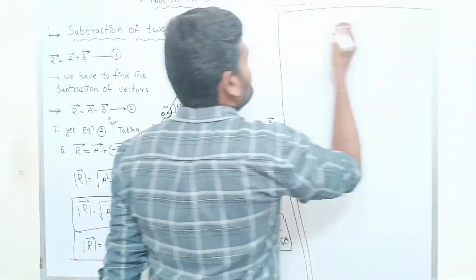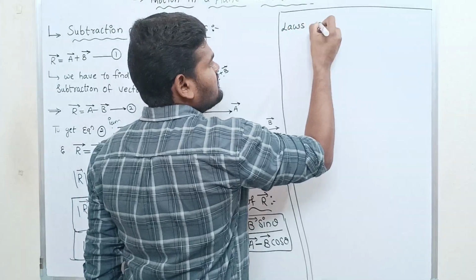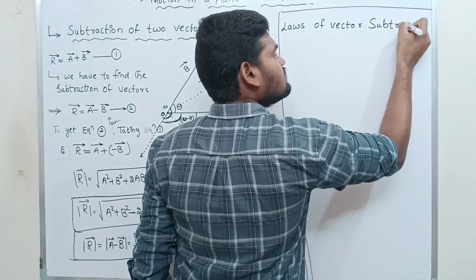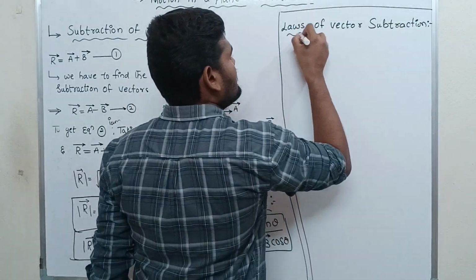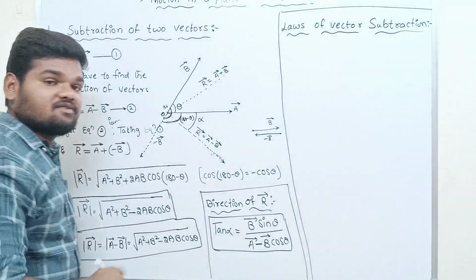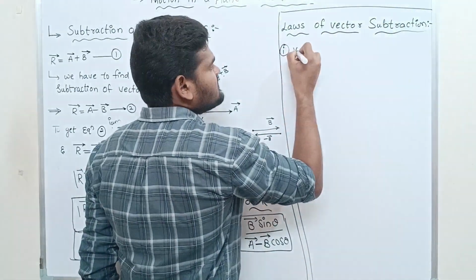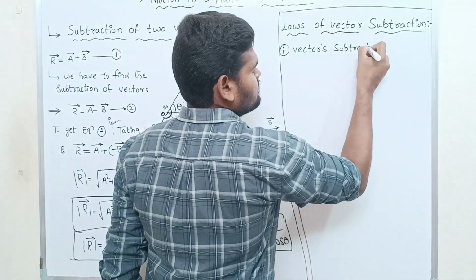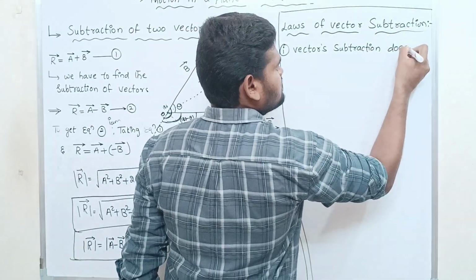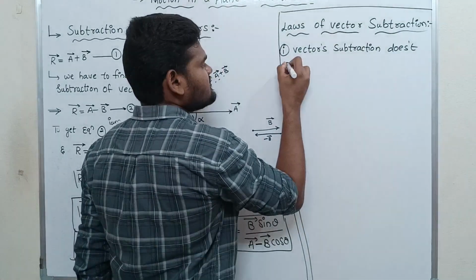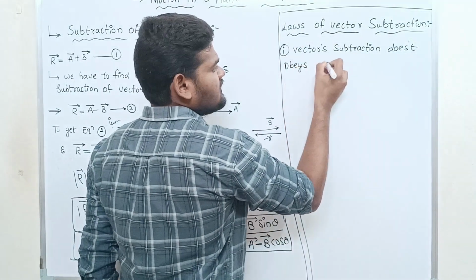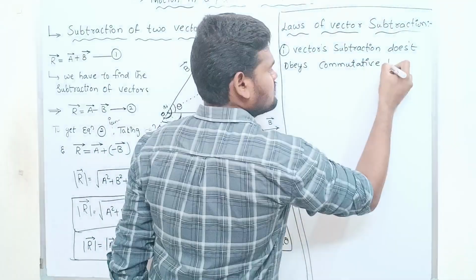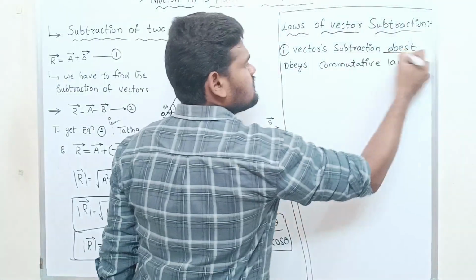Let us see the laws of vector subtraction. The first one: vector subtraction does not obey the commutative law.